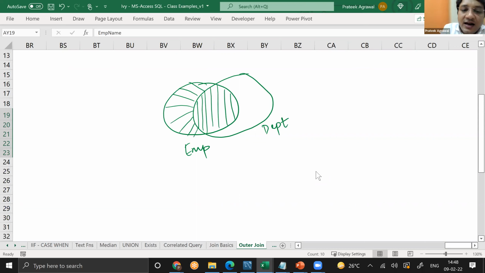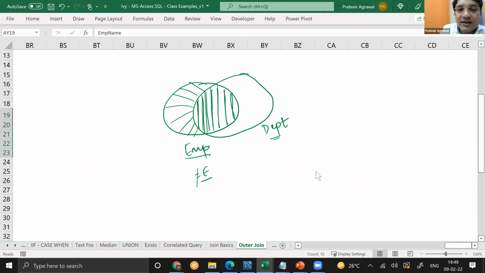So if I say that I want the complete list of employees, that means this is E. But the moment I say that for these common rows with the department, that means for the employees who have been assigned to the department, I want to know the department name, this is no longer E. This means I also want some information from this other table.